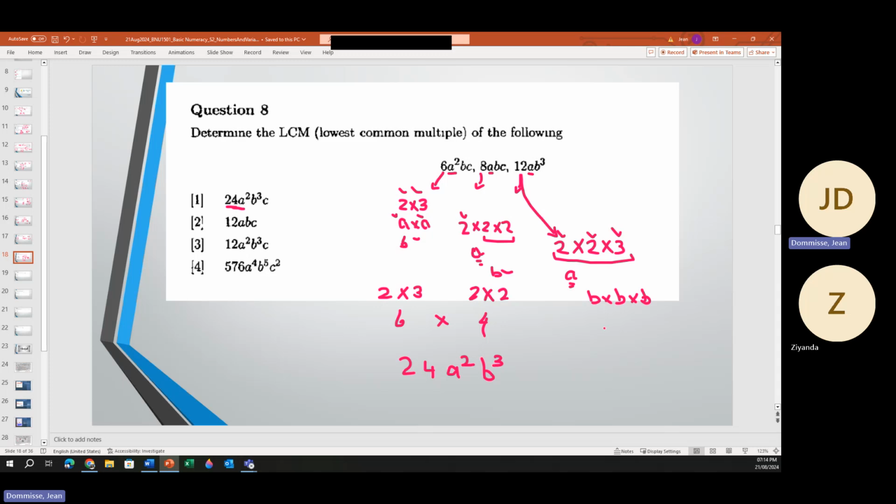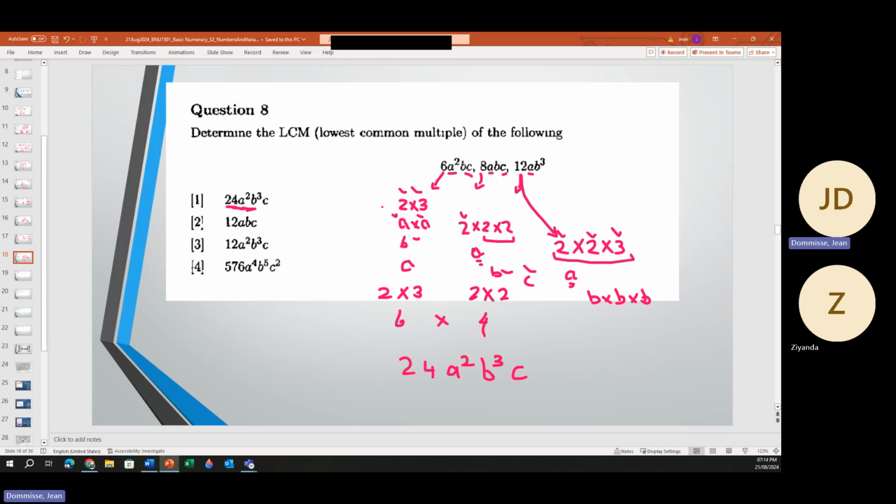So if it is B to the power of 3, I will cover all of them. Again, still happy that my answer is correct. And then C's, there's one C, and there's no C there, so that one C is also covered in the second one. So we only need one C.